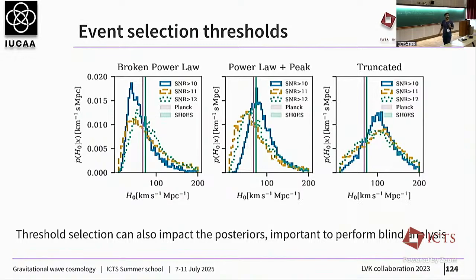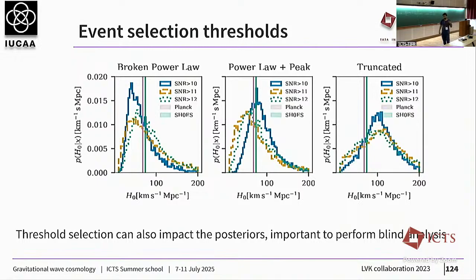Otherwise, what will happen is, let's suppose you have some kind of a subconscious bias in your mind that the Riess et al. result is correct. The low redshift supernova results are correct for the Hubble constant. Then you will keep on doing changes to your analysis until you get a peak at the right value. And then you stop there and then you publish that result, right? And that's not something that you want to do.